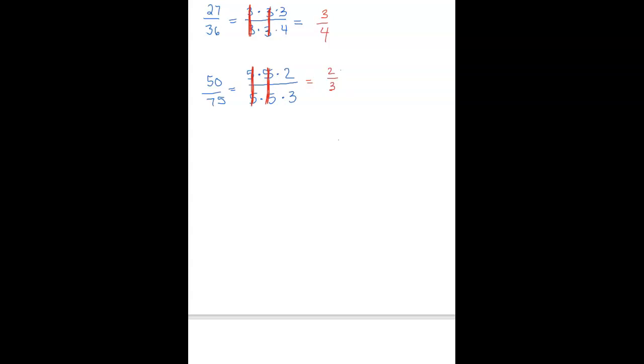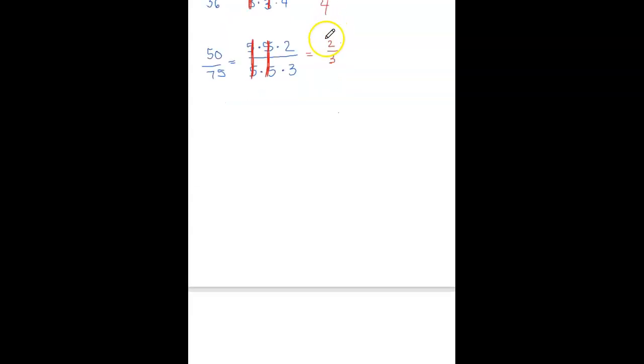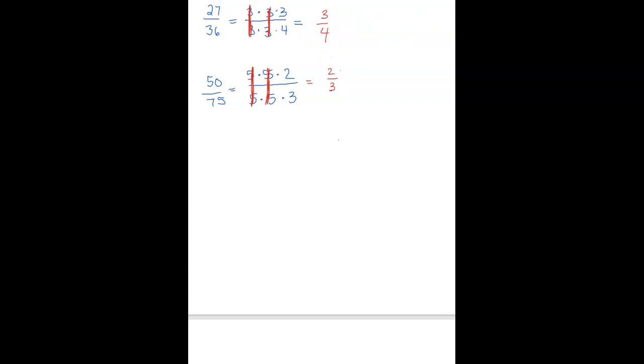All right, let me talk a little bit about multiplying fractions. Multiplying is about as easy as it gets with fractions. Let's see here. If I have 1/8, and I'm multiplying that by 2 over 30.